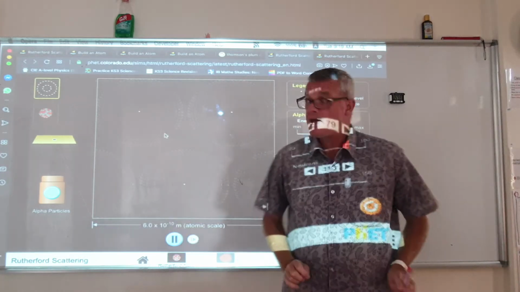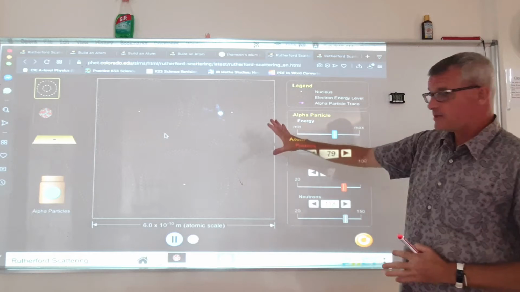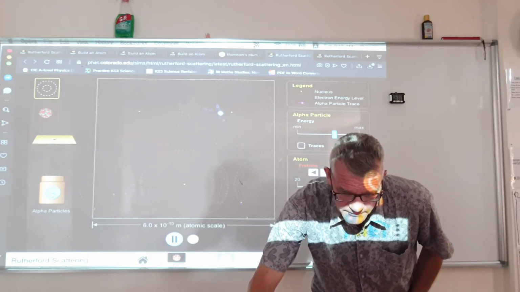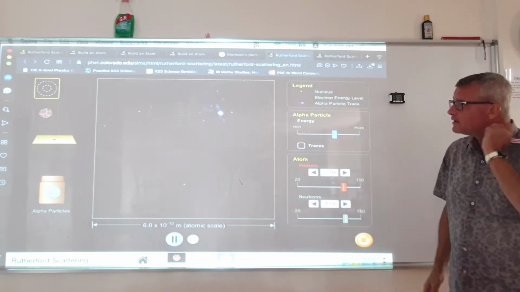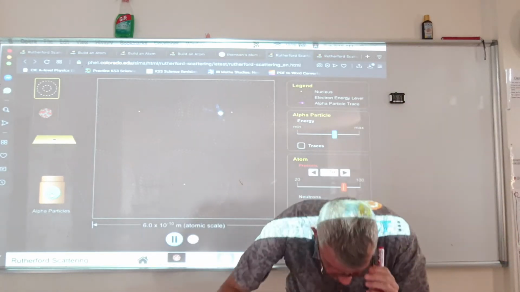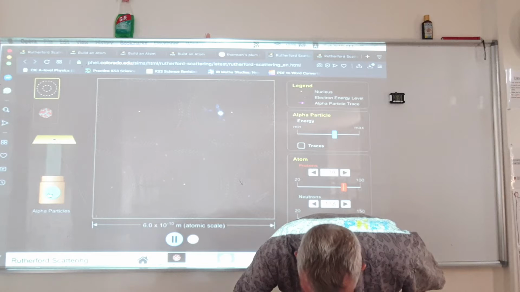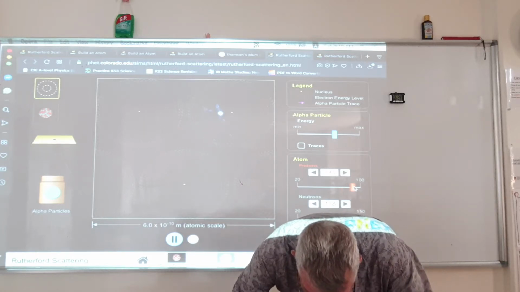Now let's look at Rutherford's experiment. I hope you can see it. We have alpha particles, and when we look closer, I want to have a constant stream. Let's increase the amount of atoms, protons.